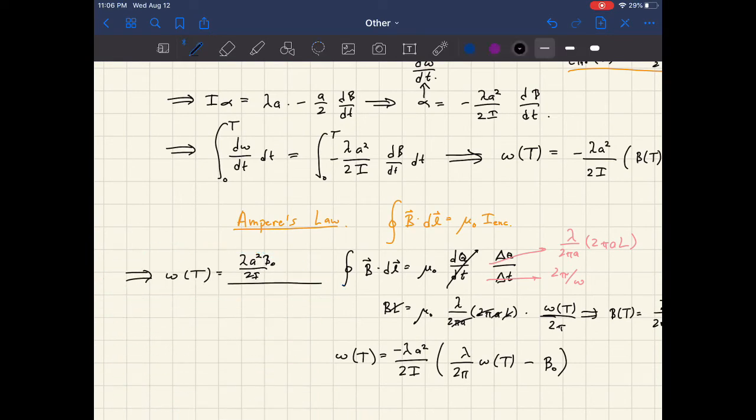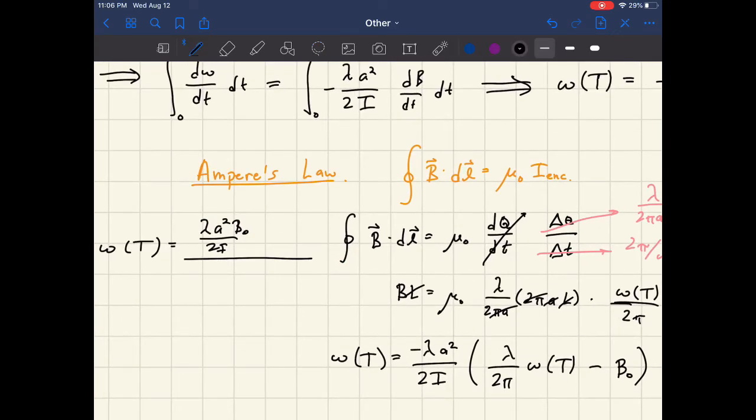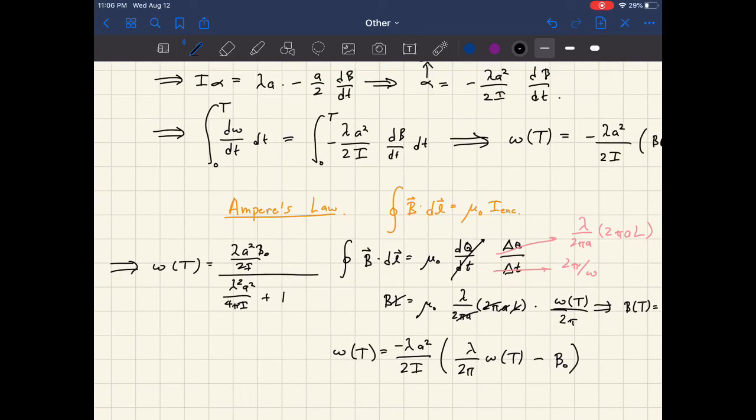Hopefully I didn't make an error in my algebra. Negative, and then you add it on the other side, lambda squared a squared over 4 pi I plus 1. And so that should be your final answer. Let me just draw an arrow there, and I'll highlight it so you know that is your final answer.